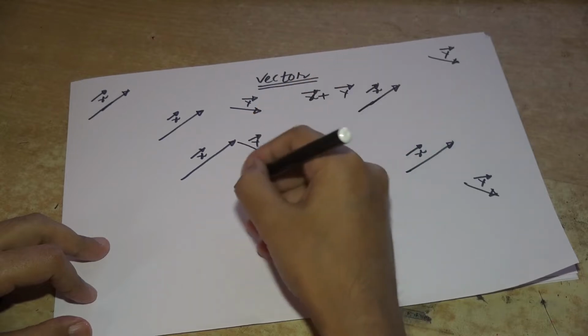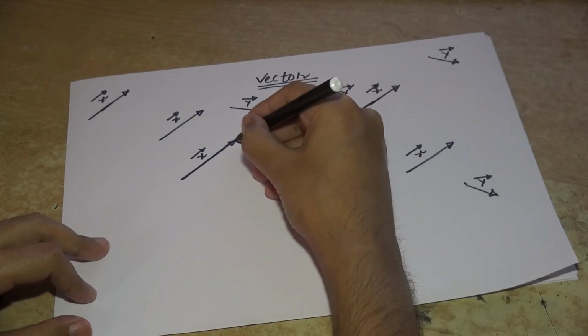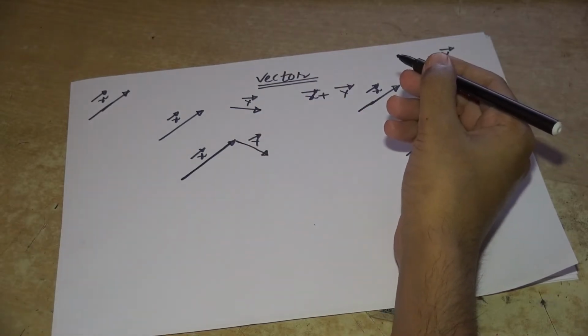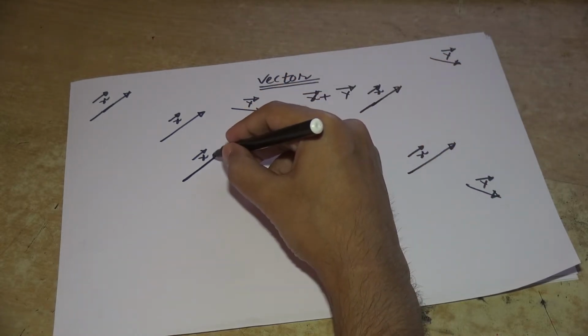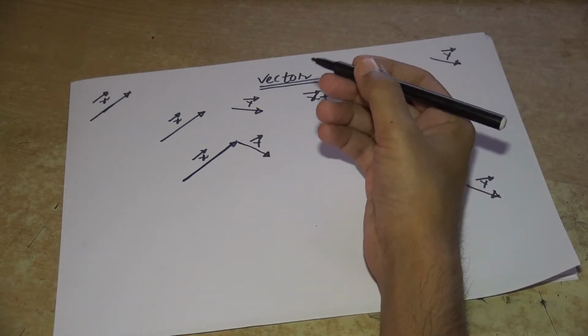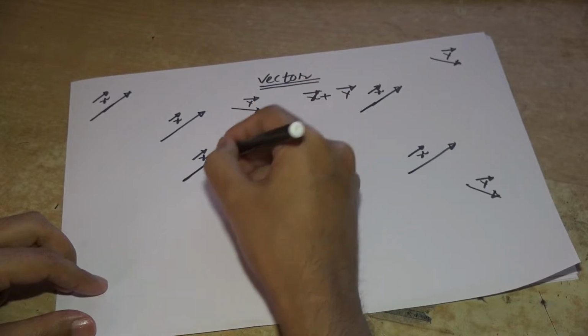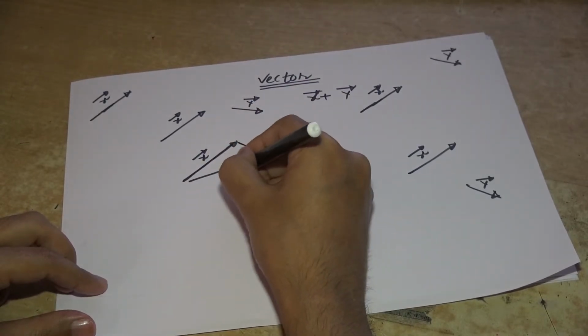As you can see, I put the tail of vector y at the head of vector x. As long as the magnitude and length are the same, you can draw them anywhere, it doesn't matter. So if I add vector x with vector y, what happens? I get a vector z.